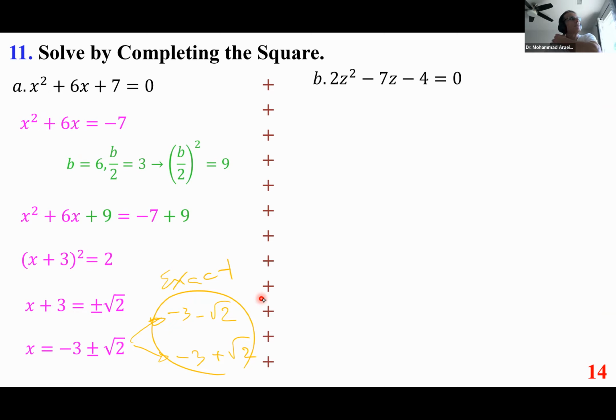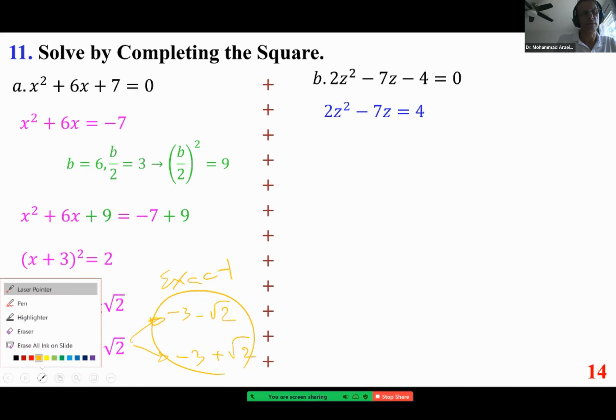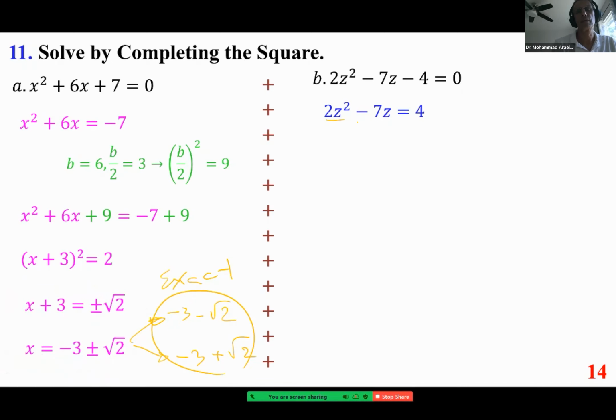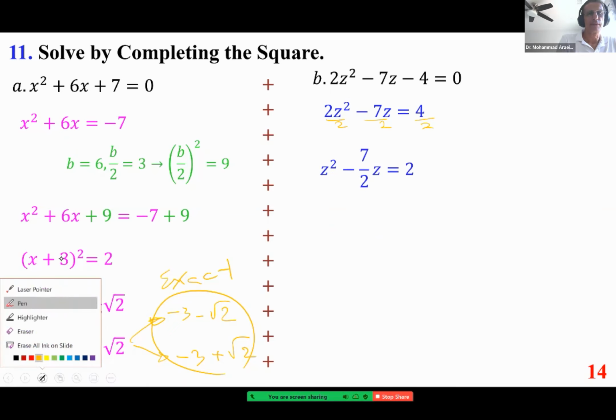What about this one? Well, we're going to move the constant first. Then it's easy to get rid of the a. That makes it easier. So how do you get rid of the a? You divide everything by 2. And so what happens next?